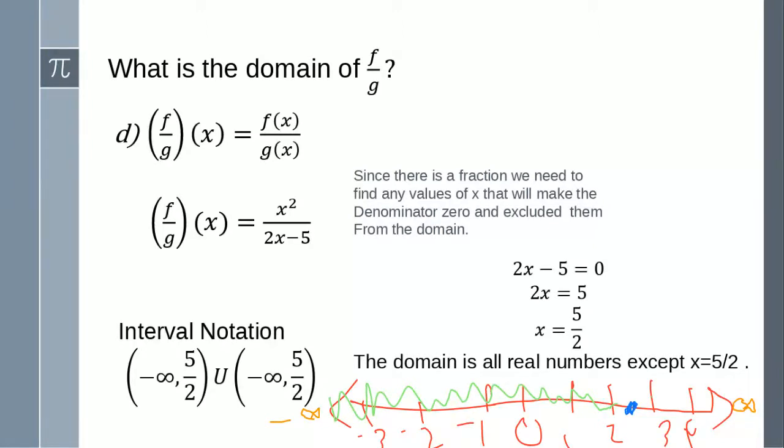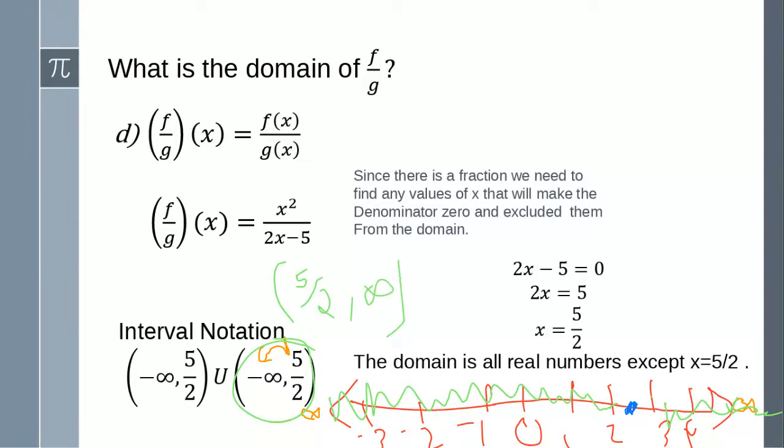And so then we can continue and use all of these numbers to the right, which is going to be positive infinity. So we will have here should be from 5/2. So let's switch that out. So thank you, Ruben, for switching that out. So this should be from 5/2 to infinity.